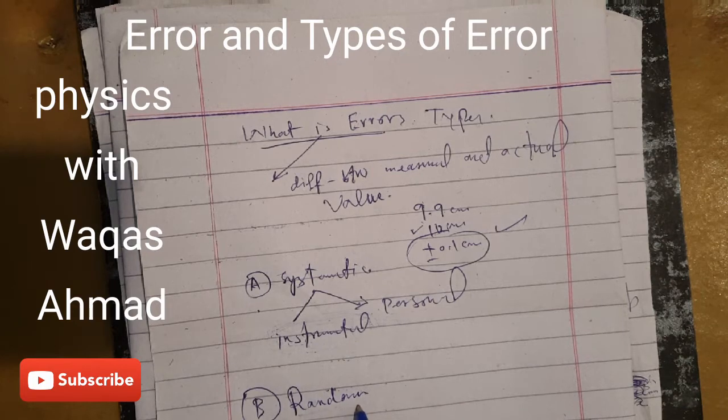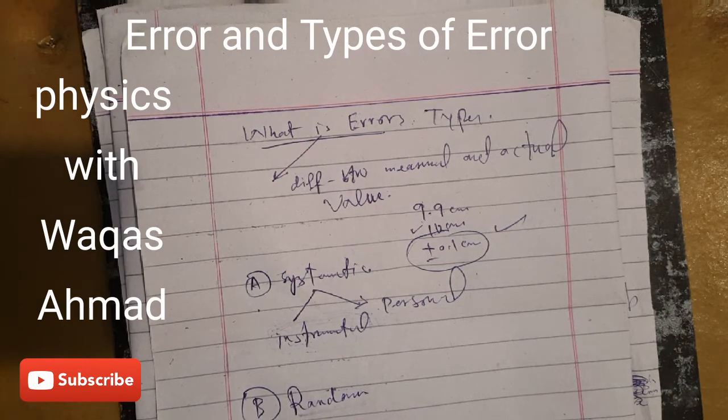And what is the reason of random error? It may be due to the humidity, temperature, wind, for example, or breeze that is continuously blowing there. So it means that this type of error may arise due to the environmental conditions.